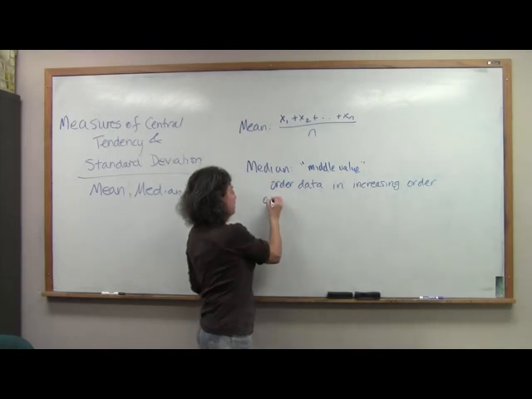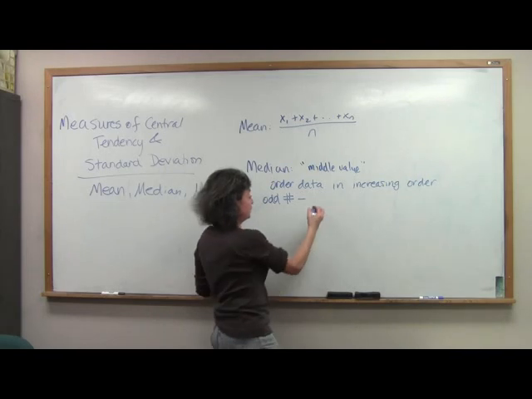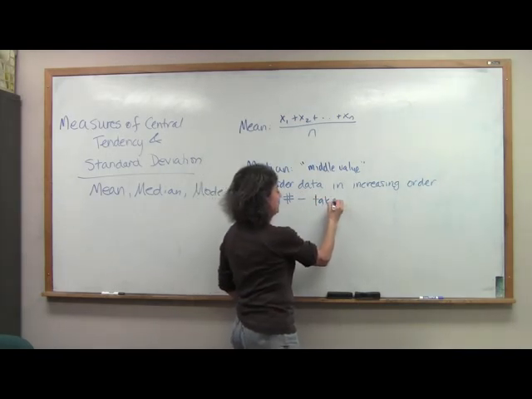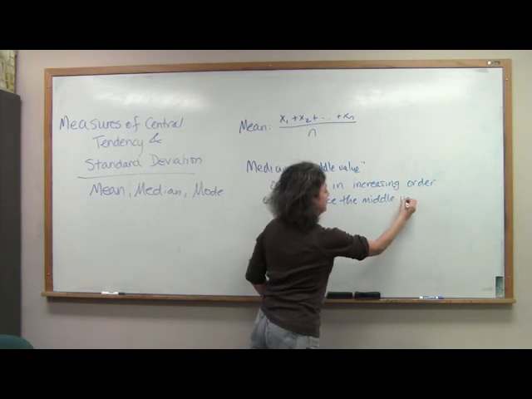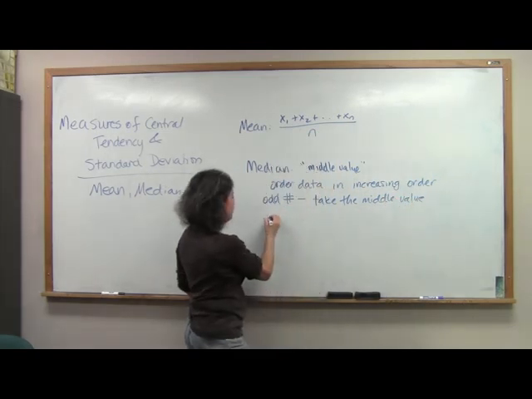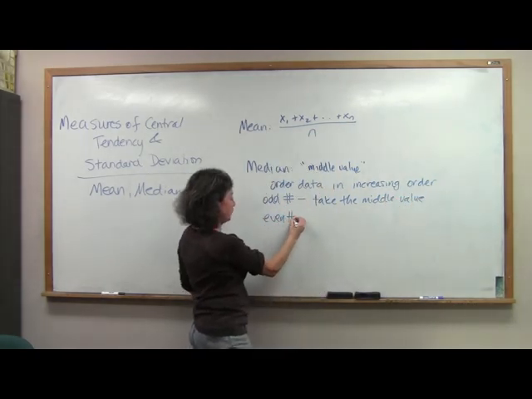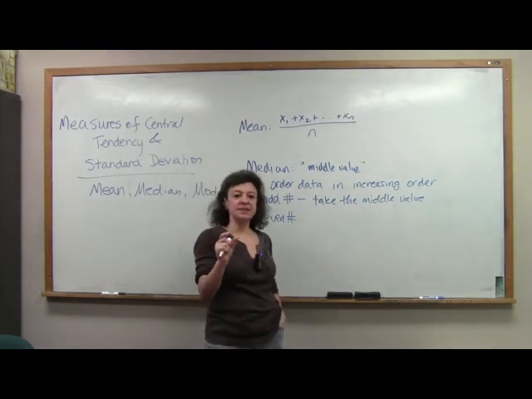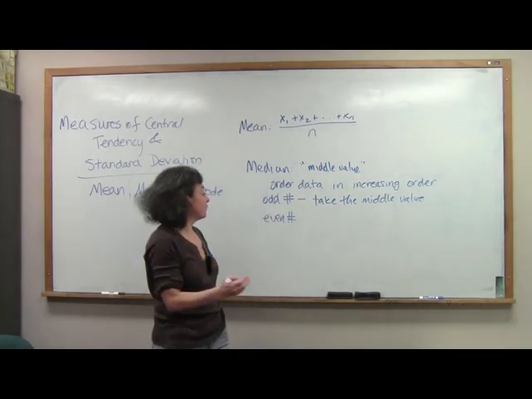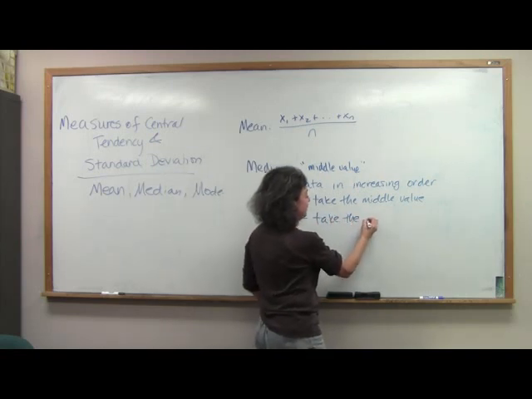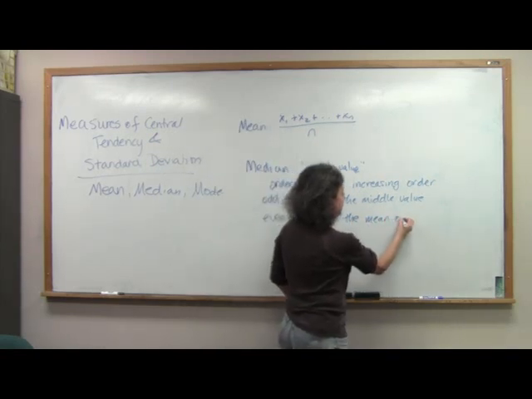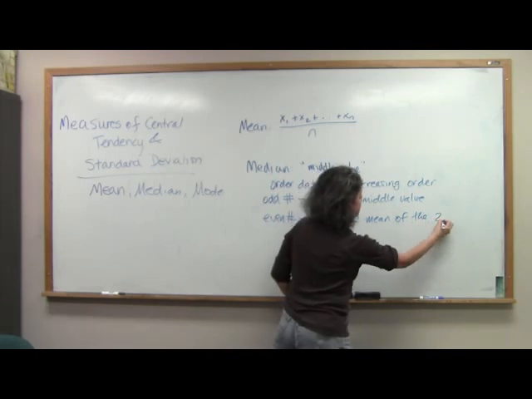Now, it turns out if you have an odd number of data points, there is a middle value, so you take the middle value. However, if you have an even number of data points, there technically is no middle value. You have two middle values, so then what you do is you take the mean of the two middle values.